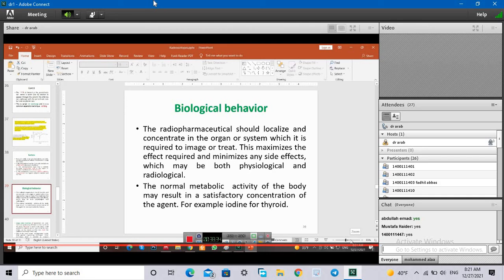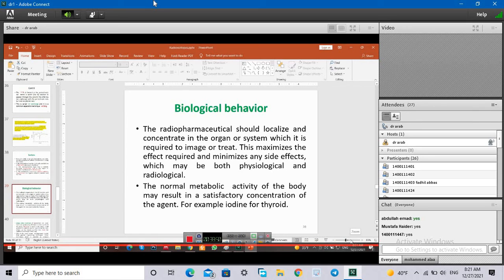The other factor that we should consider in selection of a radionuclide is our target. The radiopharmaceutical should localize and concentrate in the organ which is required to image or treat.